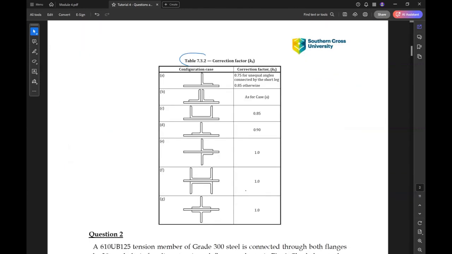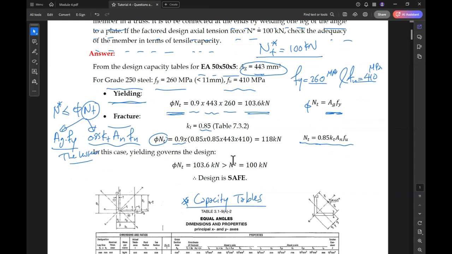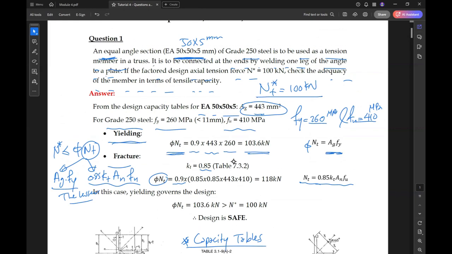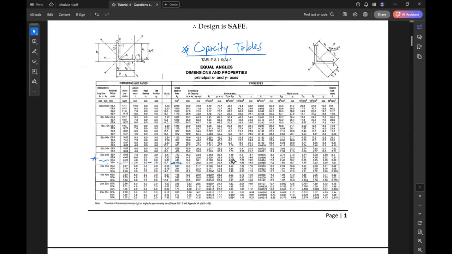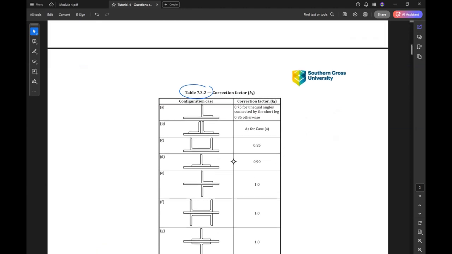If we go to 7.3.2, so what we have is an equal angle to be connected at the ends by welding one leg of the angle to a plate. So which one of them? This one here, because we have one leg of the angle to the plate.